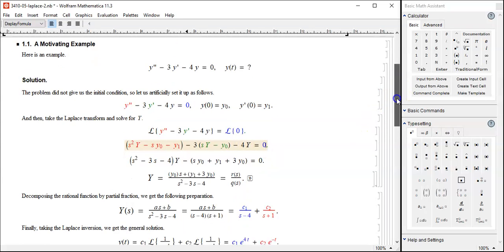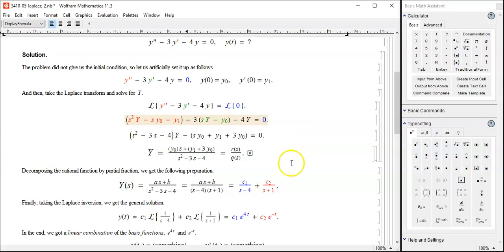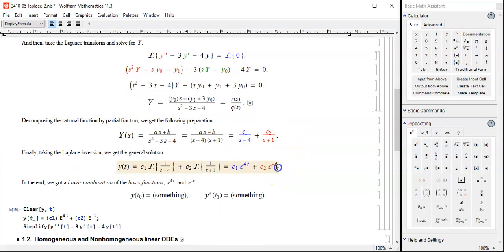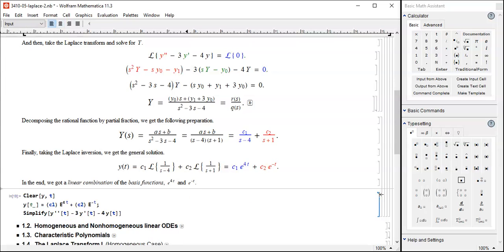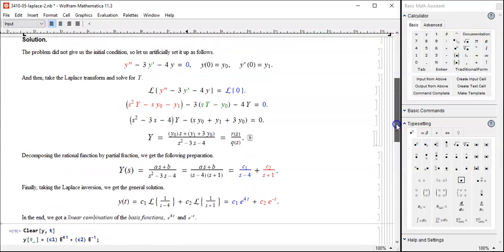But by considering these in a little bit more general form and getting the general solution, now we can use any kind of initial condition. That's where we are headed. Of course, this was just a simple exercise, very simple motivational problem.